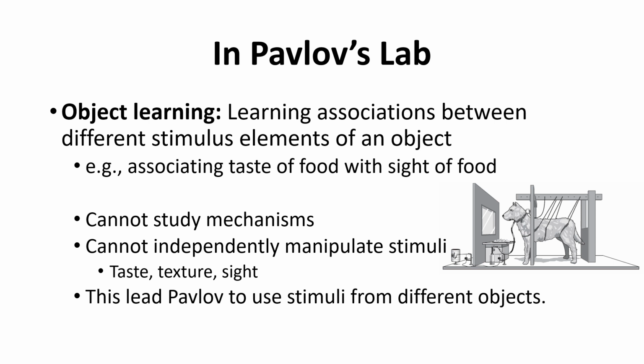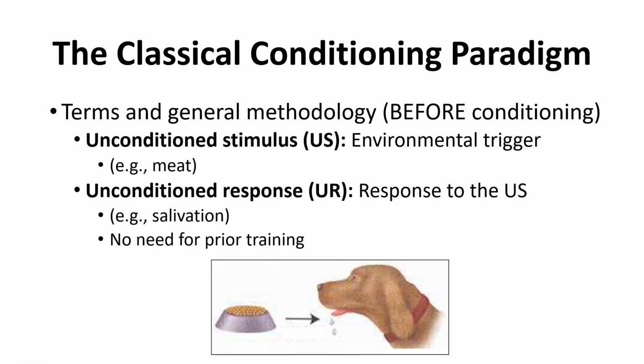So Pavlov used a separate stimulus from a different source that could then be manipulated to better understand the mechanisms that were going on. So we use a new stimulus to get around this object learning limitation so that we can actually manipulate all of the different factors involved.